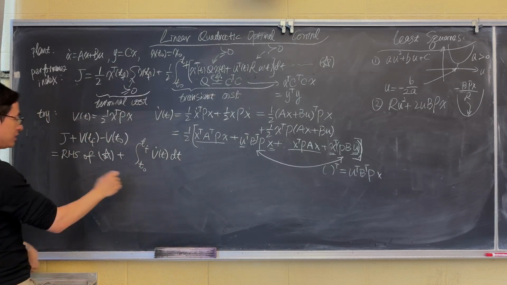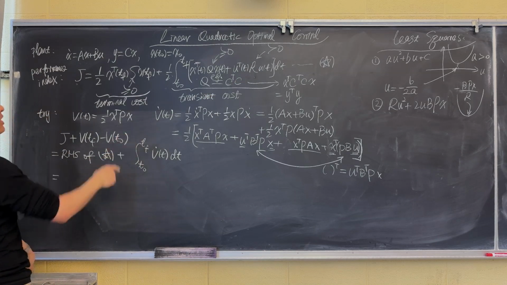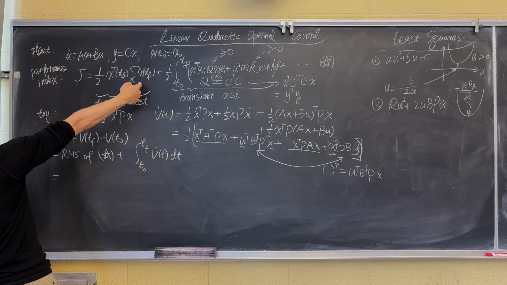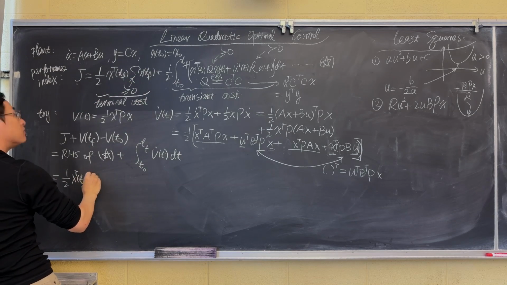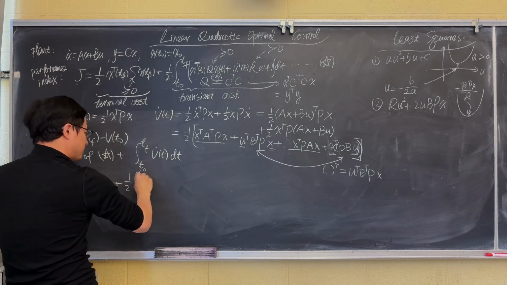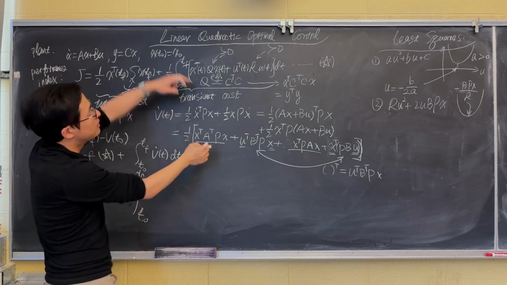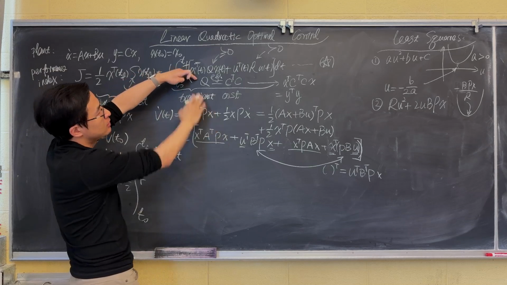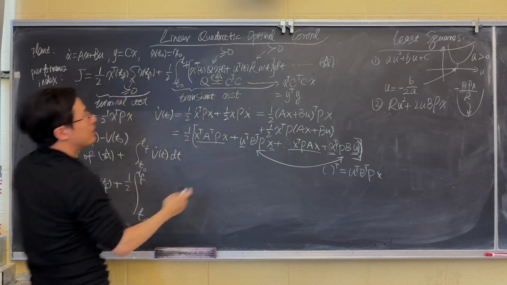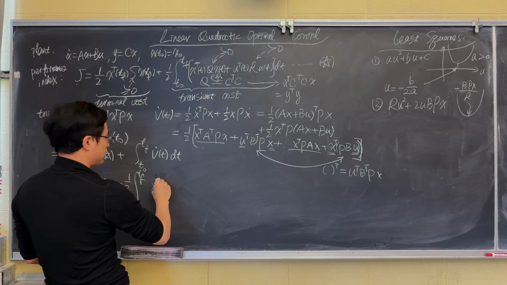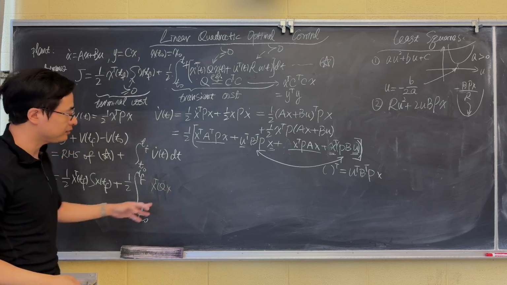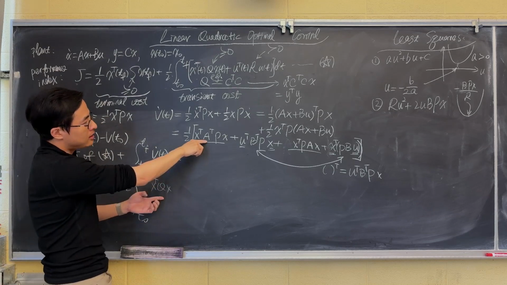Let's write this out. You will see more details. We have this, the terminal cost doesn't change. And then inside this integral we have, I'm going to add things to different places now. X transpose QX, add to this one.